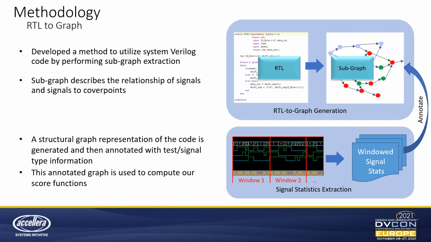As mentioned previously, the RTL structure was utilized to get a description of the relationships of signals to signals and signals to cover points. This structure helps to provide a better scoring mechanism for a given transaction with respect to a cover point or coverage goal. More complex cover points can therefore be targeted with stimulus with the aid of this graph description. And this general graph description is shown here in the top box.